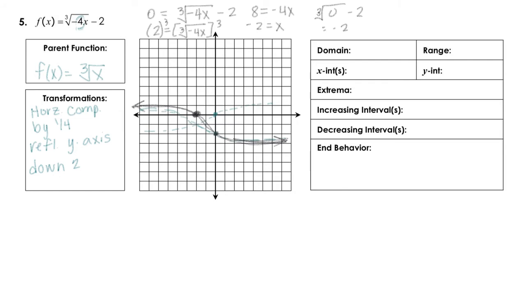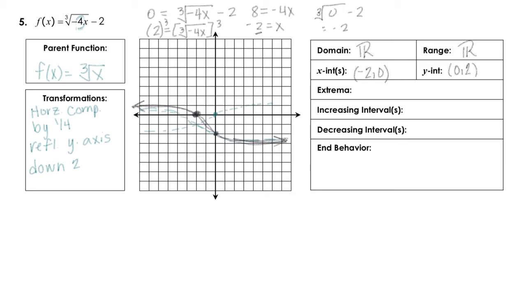Okay, and now let's answer some of our questions over here. Our domain, that's going to be nice. That domain here is going to be all real numbers. It's continuous everywhere, and so is the range. And our x-intercept we just found earlier, that's going to be at negative 2, 0. And y-intercept is at 0, negative 2.